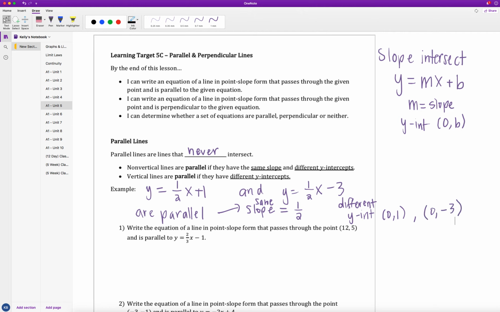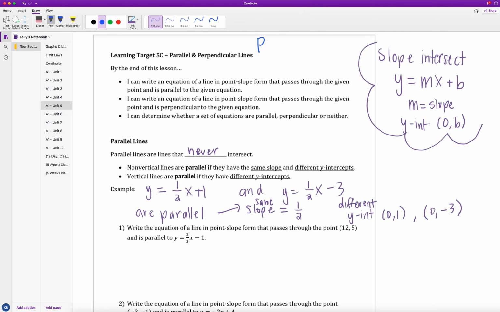As you can see, for us to be able to talk about parallel and then eventually perpendicular lines, we have to make sure we have all that information down from Learning Targets 5A and 5B. In this section in particular, we're going to use a lot of slope-intercept form, which is y equals mx plus b. And we're also going to review point-slope form.